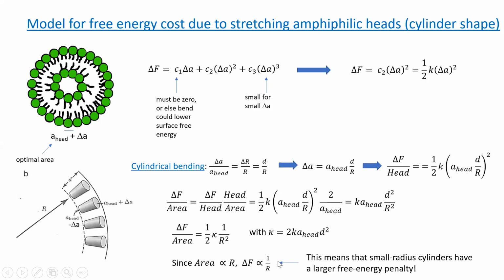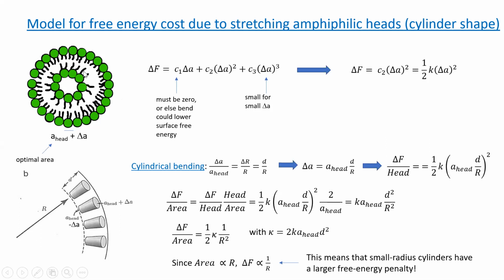This means that if the change in free energy is proportional to 1 over R, then the smaller R gets, that is, the tighter this planar bilayer is wrapped, the smaller the radius, the larger the free energy penalty. Okay, so we can't make very small and long cylinders.